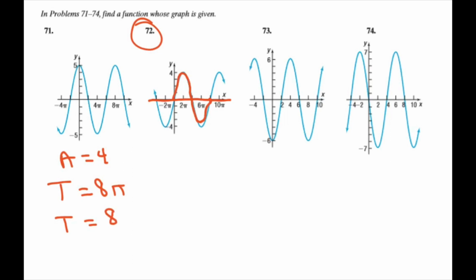We know the period is 8 pi. We're going to find our omega: T is 2 pi divided by omega. So using substitution, we have 8 pi equals 2 pi over omega, cross multiply.